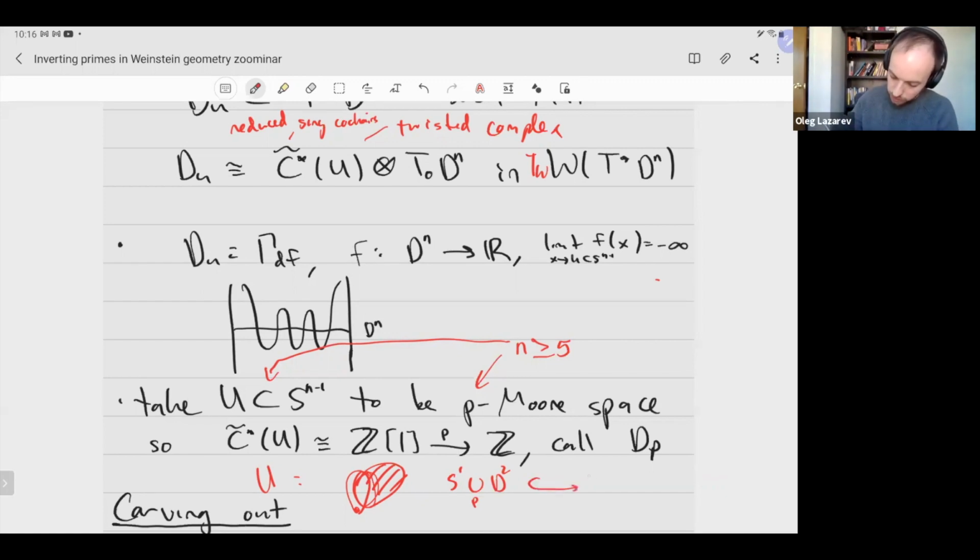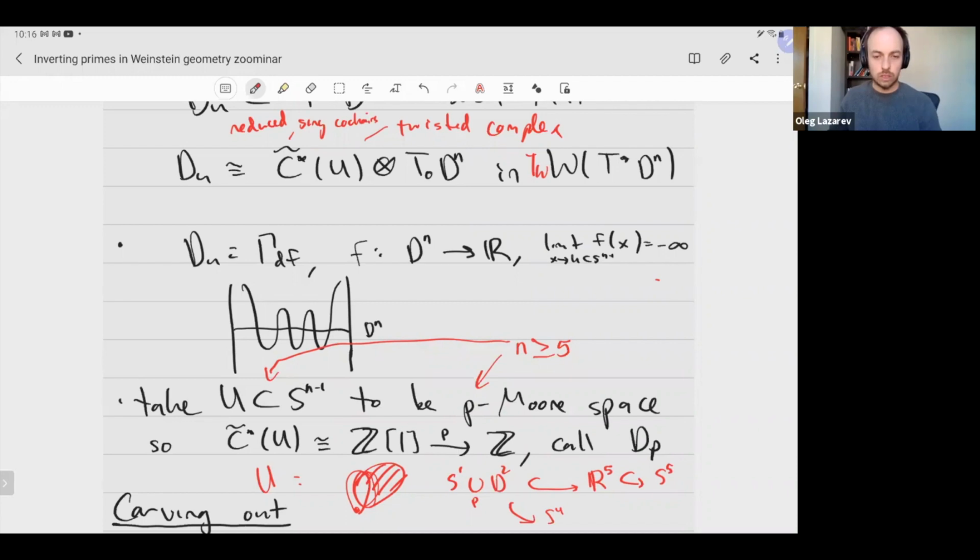By the Whitney trick, this will embed in R5, which is sitting inside of S5. But that's already close to what I said. In fact, there's an explicit embedding of this P-Moore space into S4, which you have to write down some formula for, but you can do that. And so that's how you get the embedding.